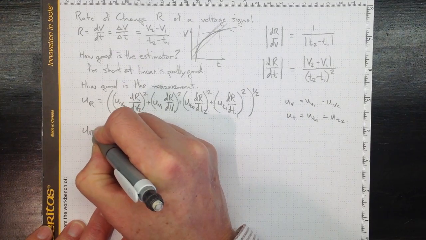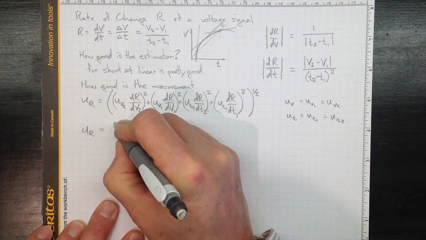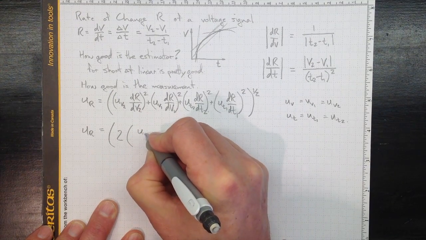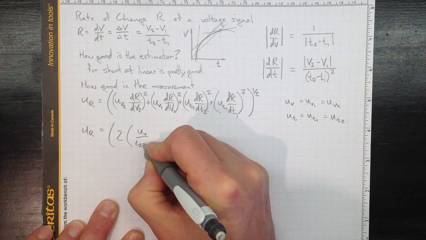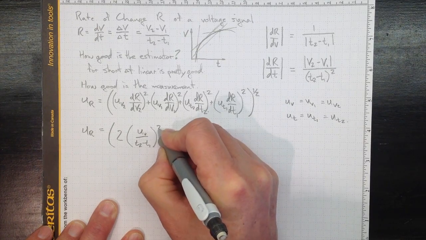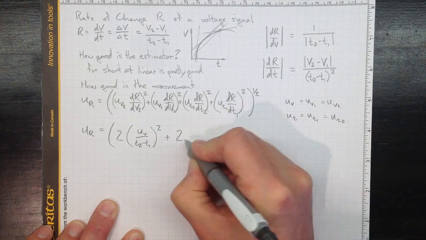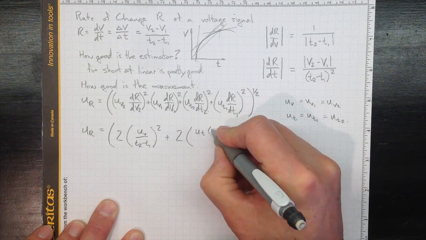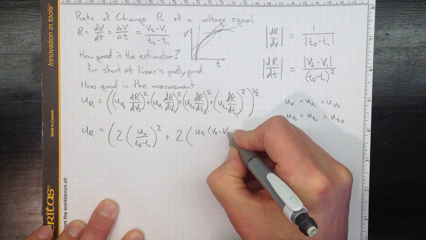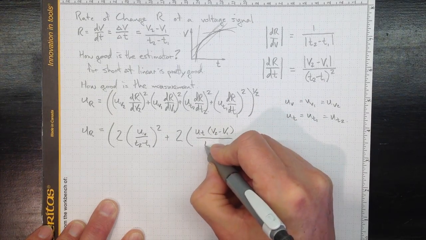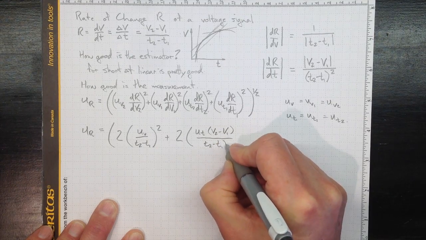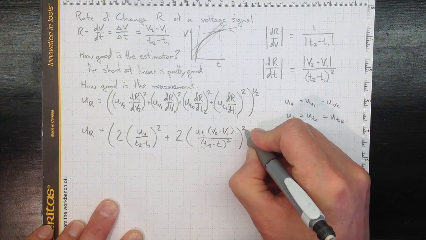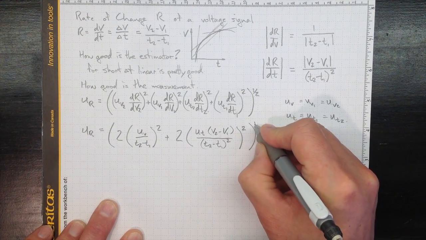Plugging that in, we get UR equal to the square root of (2 times UV over T2 minus T1) squared plus (2 times UT times V2 minus V1 over T2 minus T1 squared) squared.